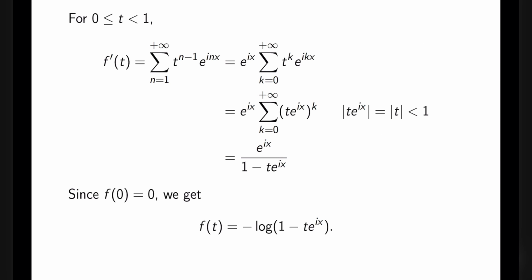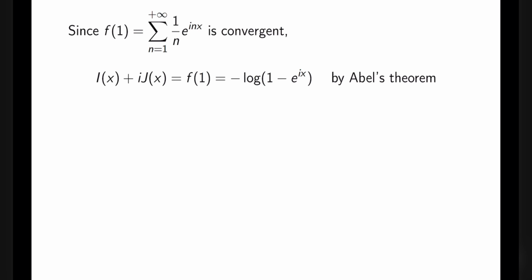It works. Okay, so now, as I said before, we have to take t equal 1 to get our initial series. But our computation only works for t strictly less than 1. But something that we have to notice is that when t is equal to 1, the series is convergent.